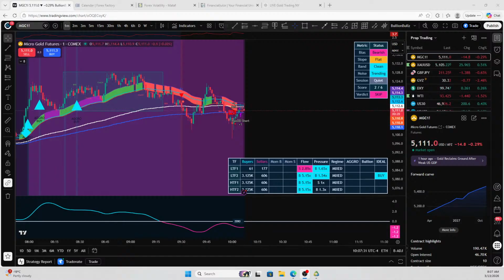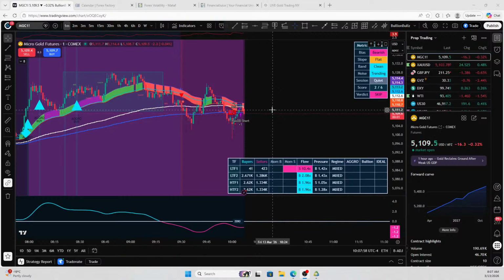Yeah, as you guys can see, we are not seeing any domination by the buyers or the sellers in the market. So the market is just ranging right now. We're still trading inside the previous day's range.